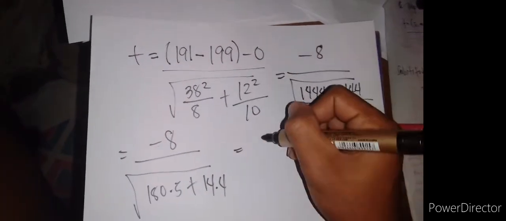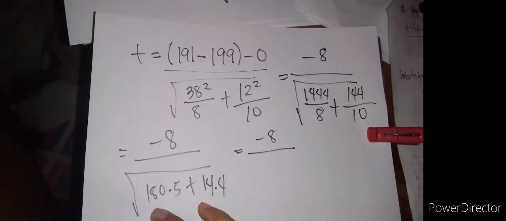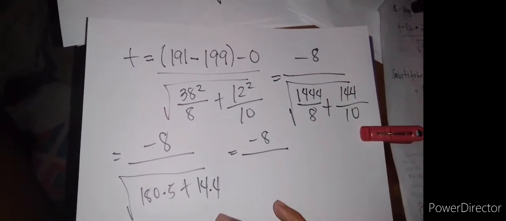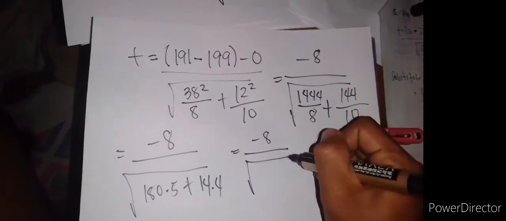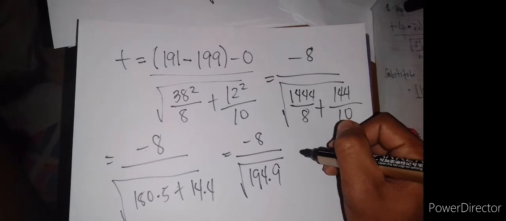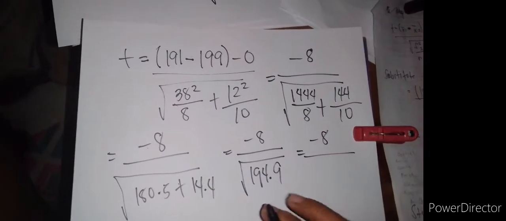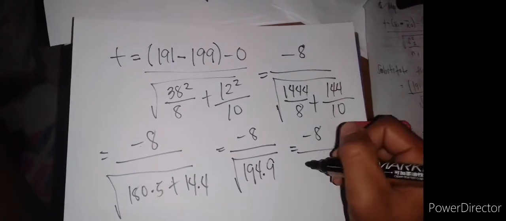So negative 8 divided by the square root of 180.5 plus 14.4, which is 194.9.